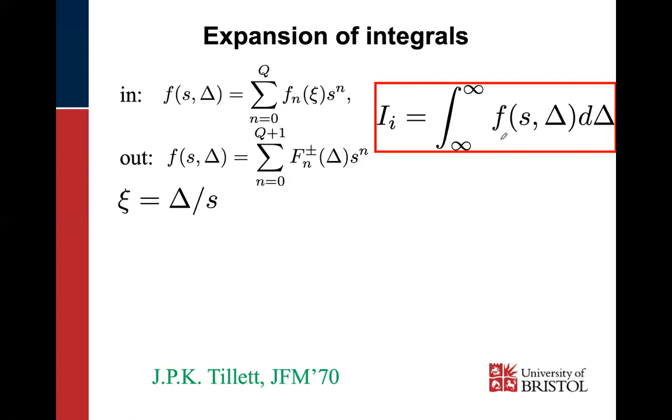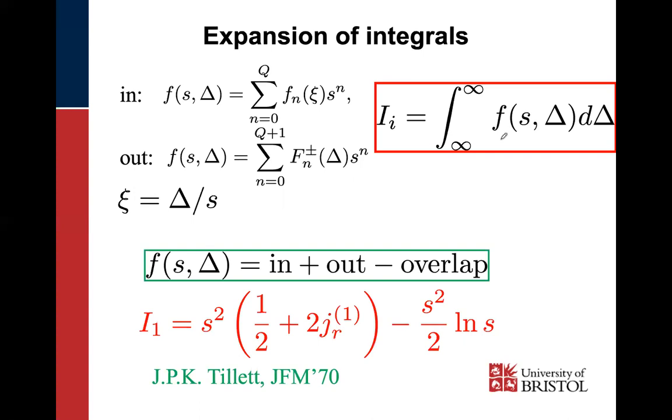And so to do this integral, you find a global description of your function by matching together the inner and outer solution, and that gives you a systematic expansion in powers of the slope. And this is a flavor of what you get. You get powers of the slope, but you also get logarithms of the slope.